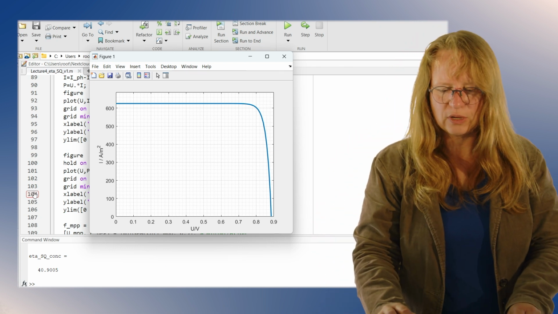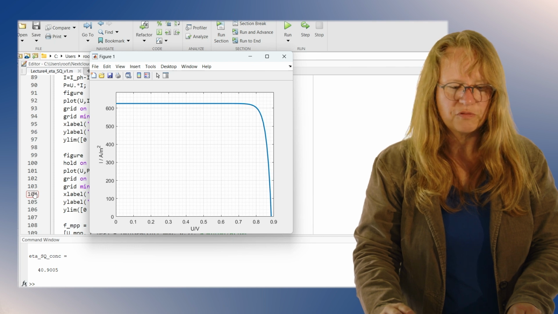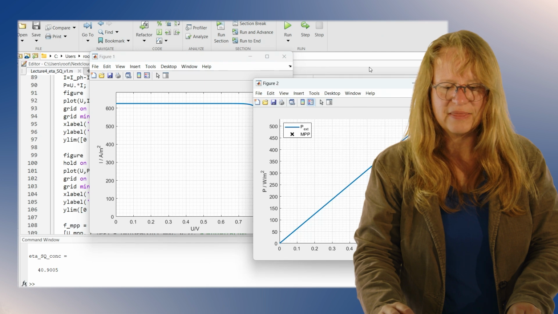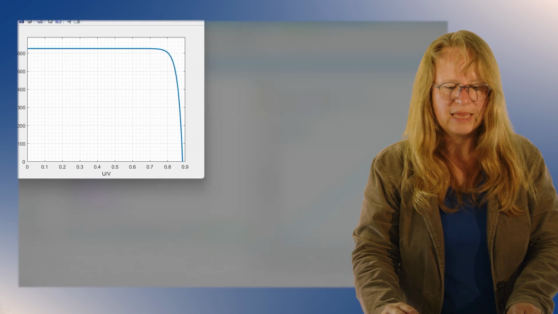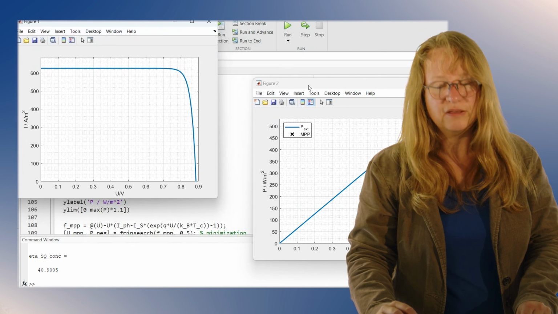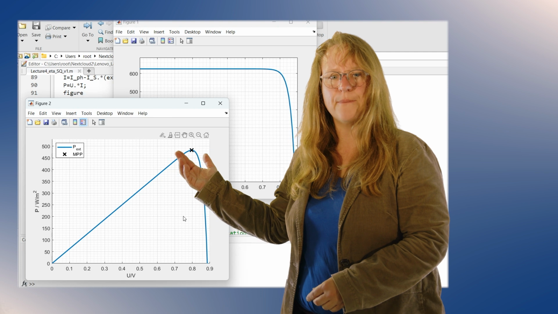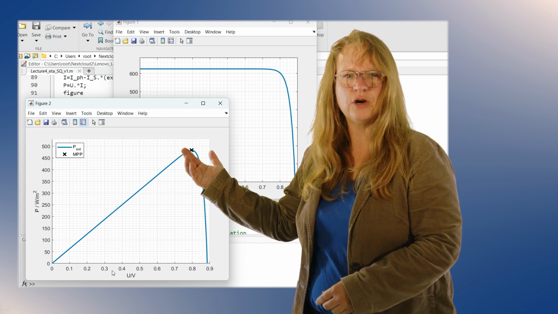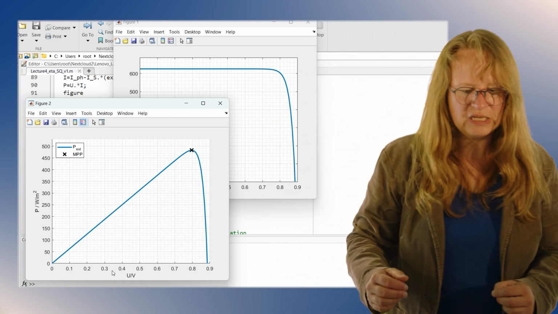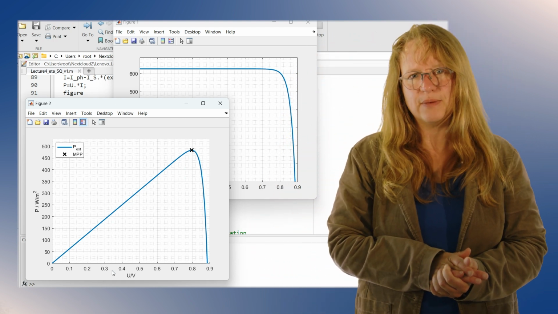And then let's look at the power. So for this IV curve, we can then calculate the power. And the power is then just given by multiplying the voltage with the current for each of the values, and we can see that the maximum power point is up here and gives about 450 or 480 maybe watts per meter squared at the maximum power point.